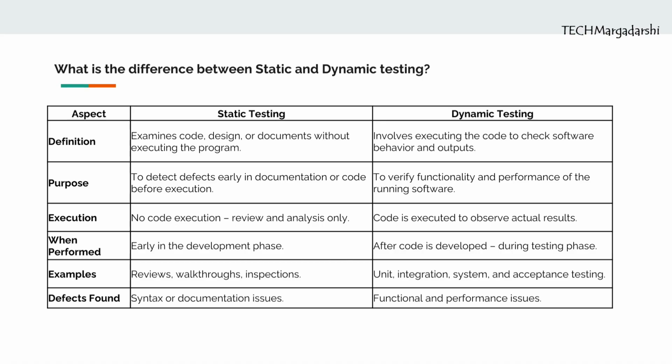Here, we check how the system behaves when it runs, verifying its functionality, performance, and reliability. Examples include unit testing, integration testing, system testing, and acceptance testing. In short, static testing equals prevention of defects before code runs. Dynamic testing equals detection of defects when code runs. Both are essential for ensuring high quality software.